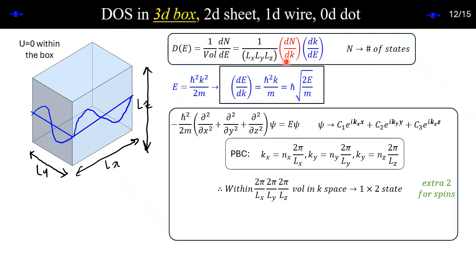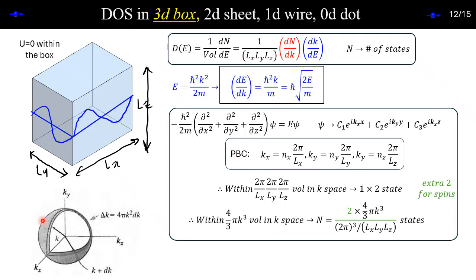If this is a K space, let's take this sphere of K. So what is the volume of this sphere? 4 by 3 pi k cube, simple, right? And now we agreed that within this volume we have 2 states. So how many states do you have within this volume?